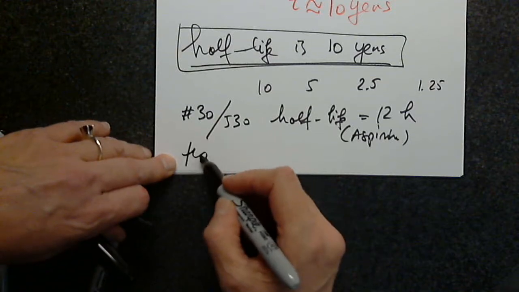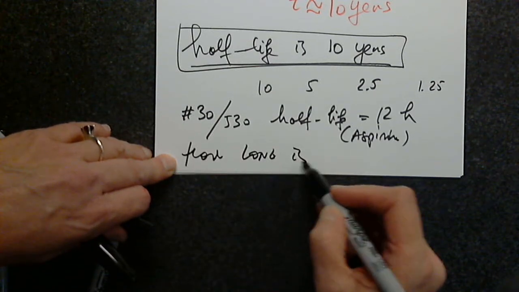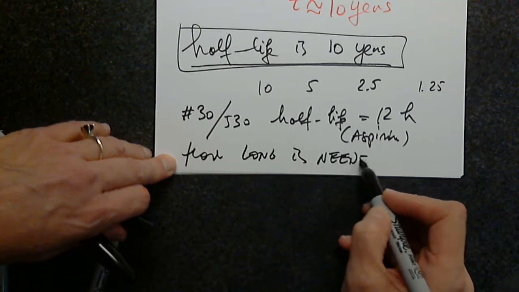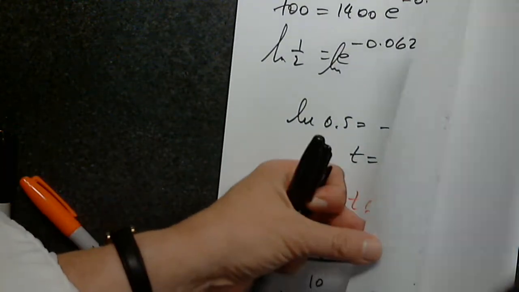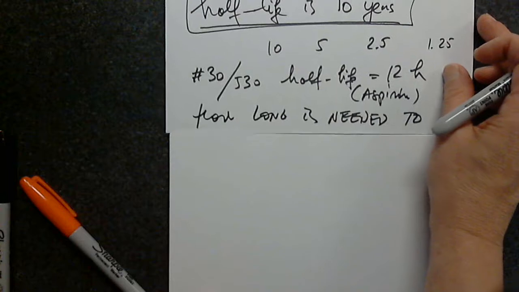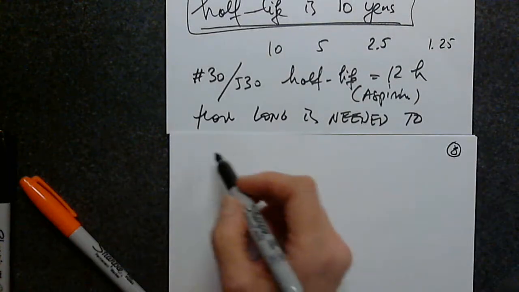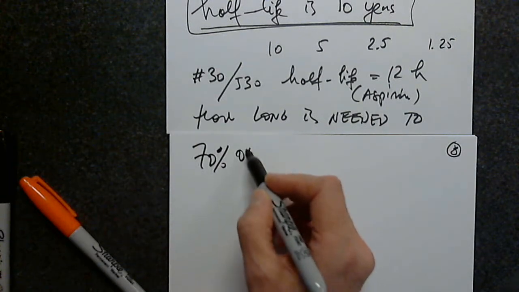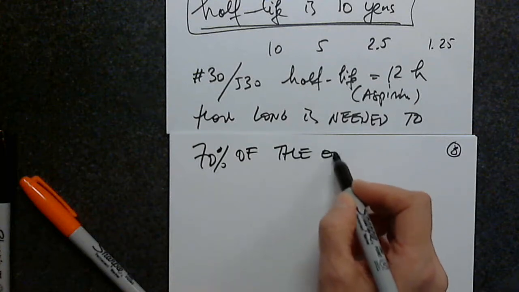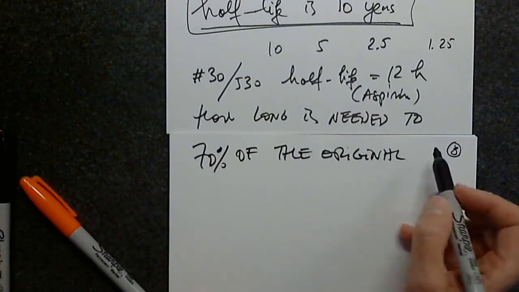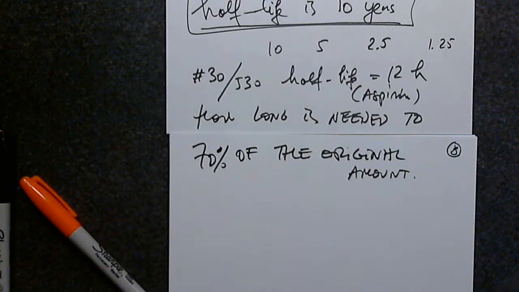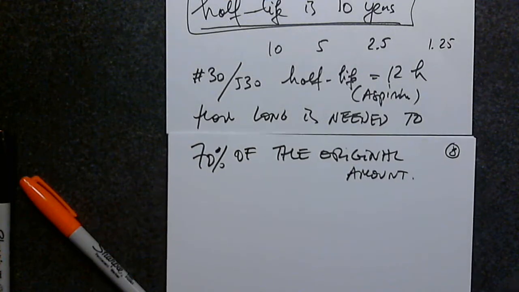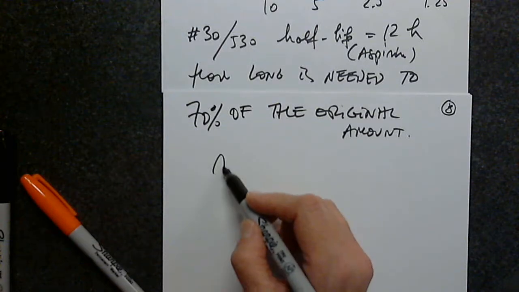How long is needed for the original amount to decay to 70% of the original amount? Since we are talking about mass, I recommend this notation, but it doesn't matter.